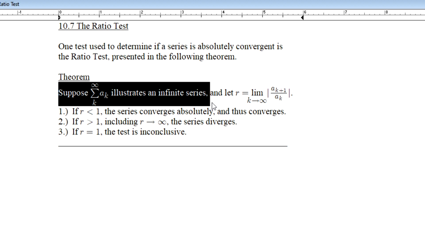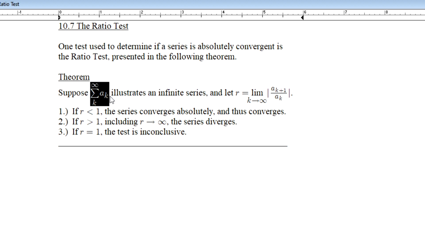It does start with the assumption that you just have an infinite series. We are assuming that our given series is just an infinite series, and it's not specific as being non-alternating or alternating. This works for both cases. It just has to be an infinite series.